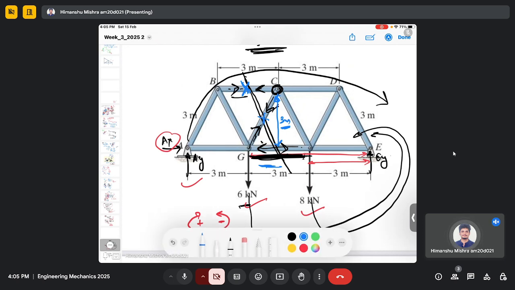So force GF will have a moment about point C, then AY will have a moment, it has a perpendicular distance of 3 plus 1.5 meter, and this 6 kilonewton will have a moment because it has a perpendicular distance of 1.5 meter.